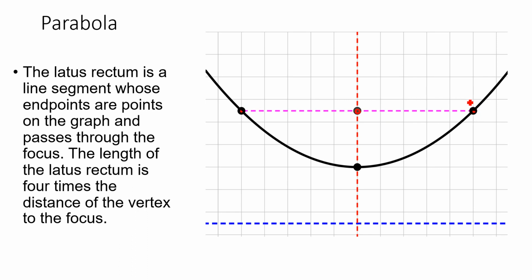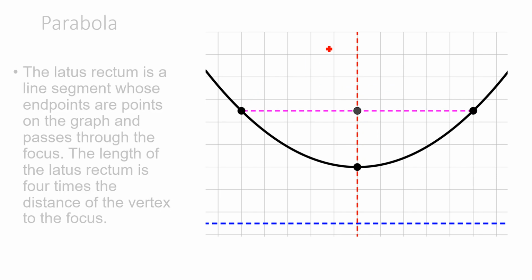By definition, if this is A, then this is 4A. So these are the common parts of the parabola.